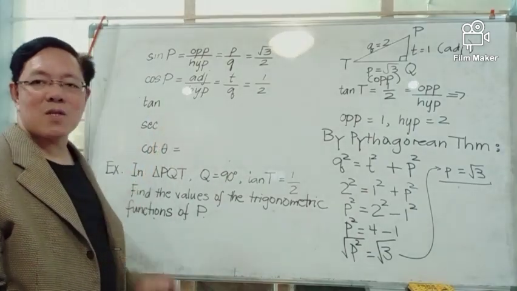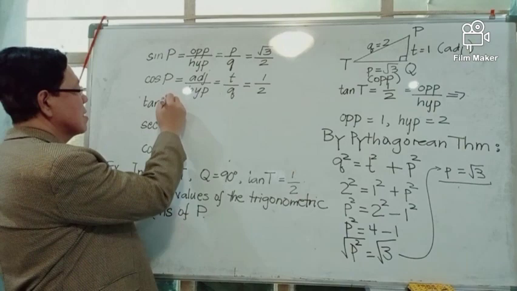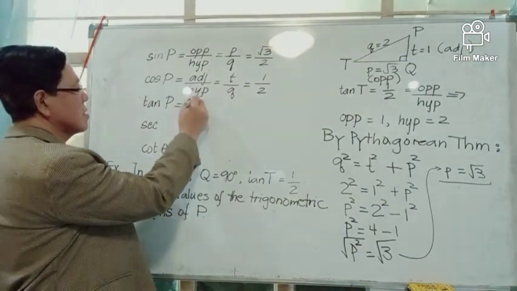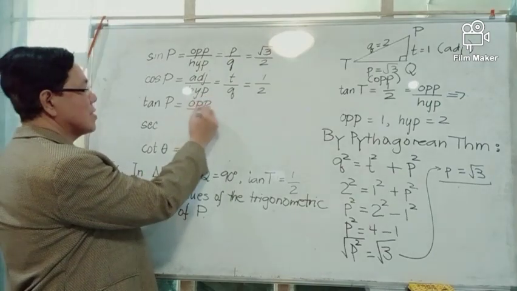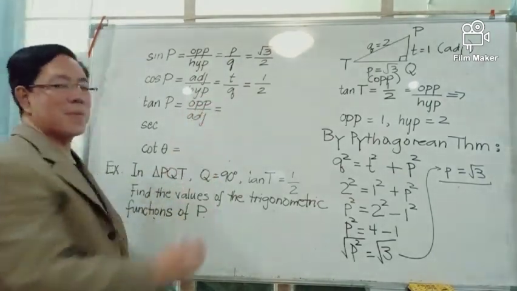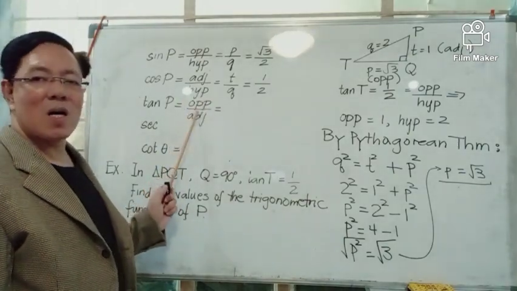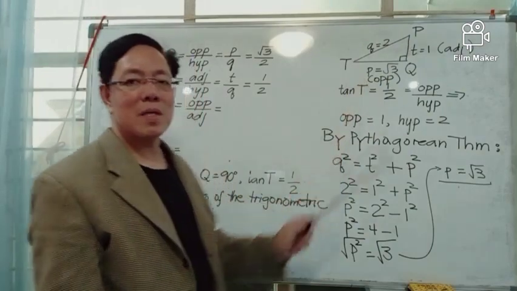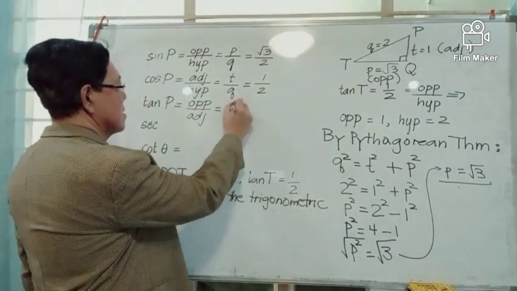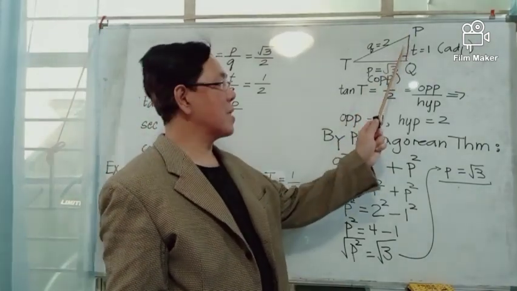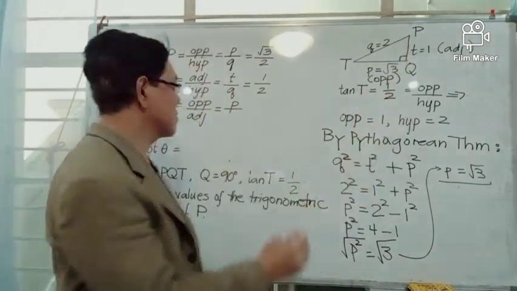The third function, tangent of P, is the ratio of the opposite to the adjacent side. Opposite of angle P is small p, and adjacent to the acute angle P is small t.